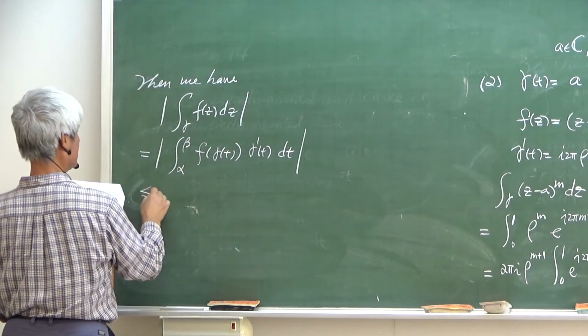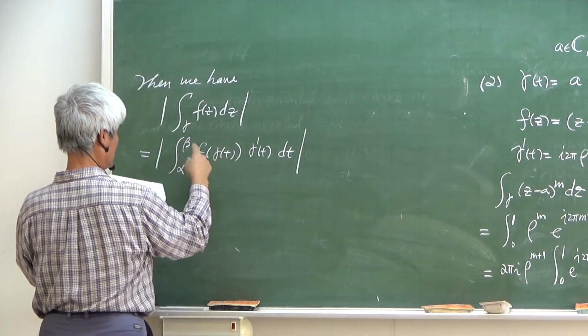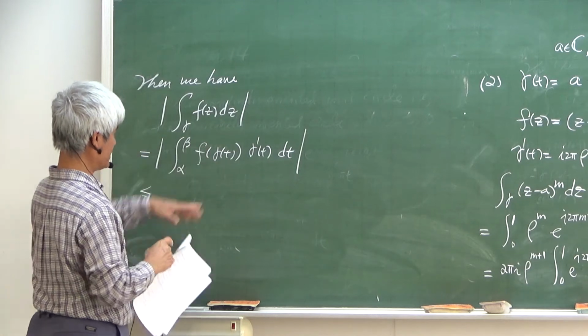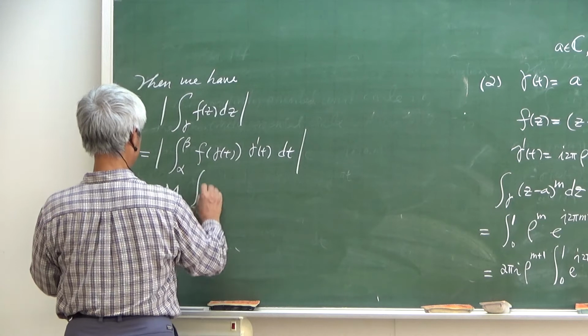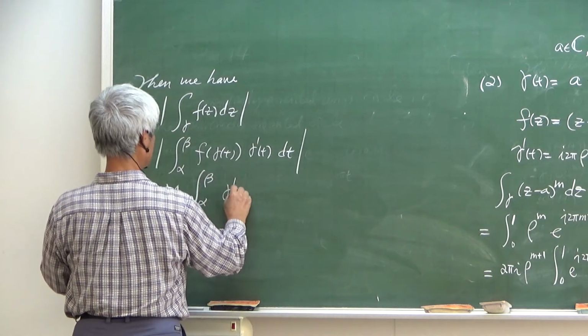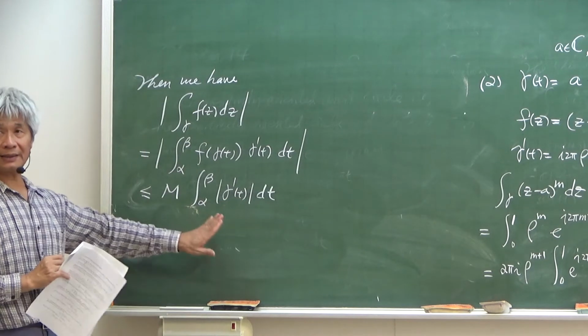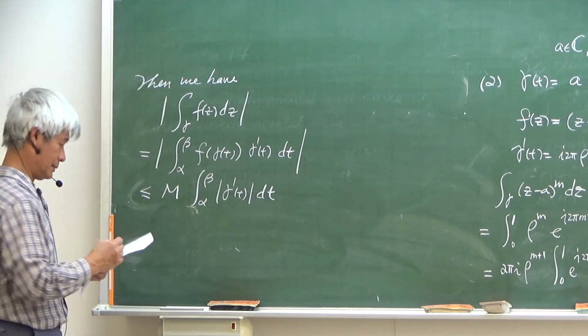All right, and we know that the image of f on gamma star is bounded, so we know that this is at most M, and the integral over gamma of dt. And what is that? Actually, this is the arc length of the path.